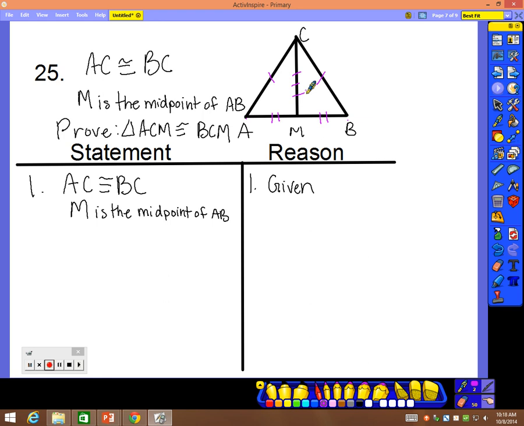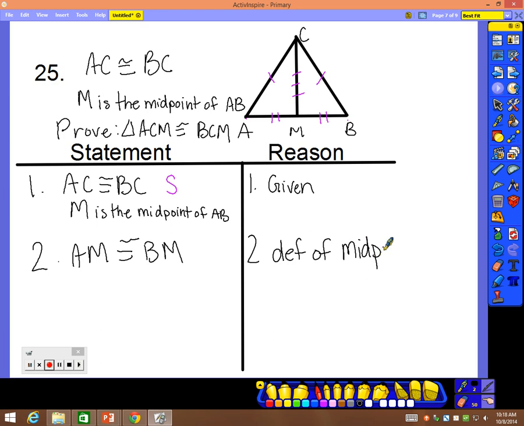The first was given. There's my first side. The second one, I said that AM is congruent to BM, and that was a definition of midpoint. And my third, and that was my other side, right?